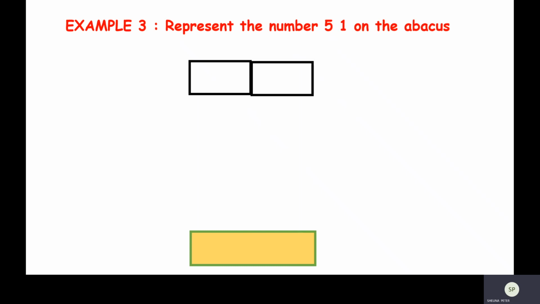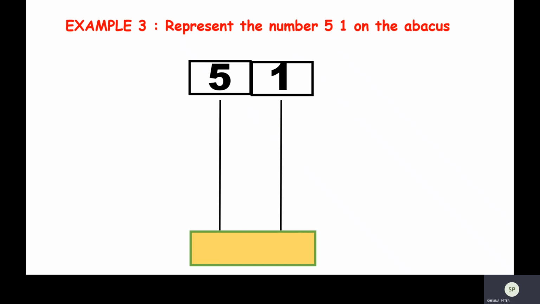There are only 2 digits, so we will use 2 boxes. Let us write the number 51. As we can see, there are only 2 digits. So how many spikes will you use? We will use 2 spikes: 1, 2.